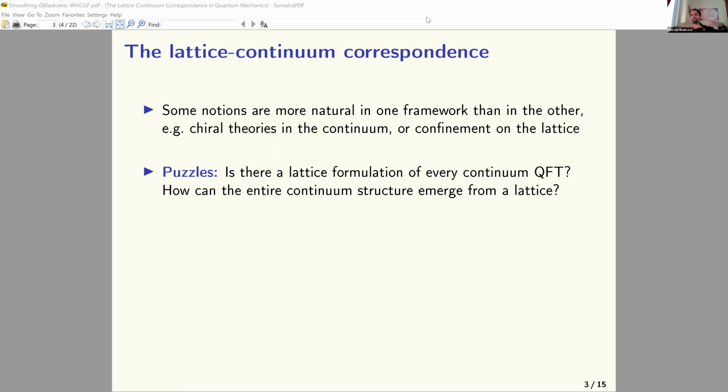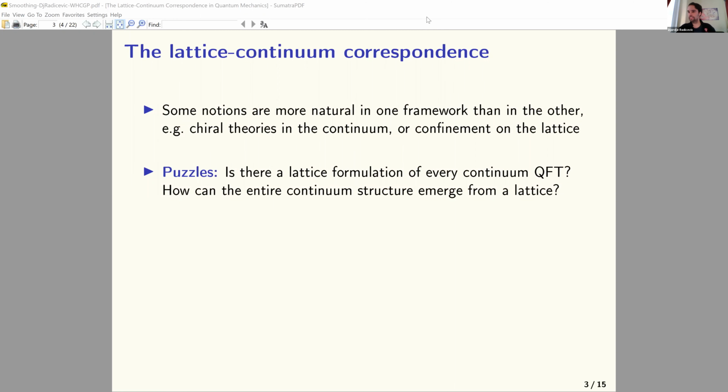Can we find a sufficiently large lattice which at long distances and with appropriately tuned couplings, etc., actually displays any desired continuum behavior that we can get from other continuum methods? That's a puzzle that, as far as I know, we do not have an answer for. It's a matter of taste whether you believe the answer is yes or no.